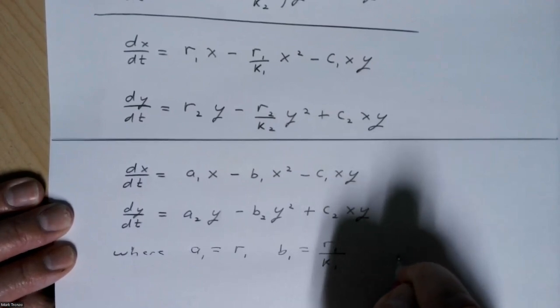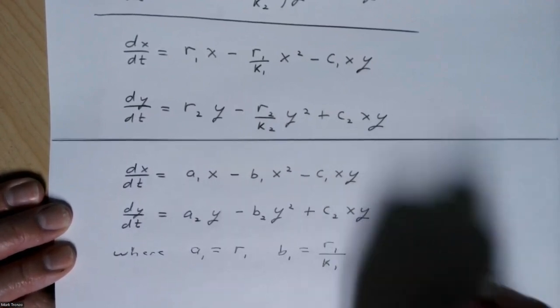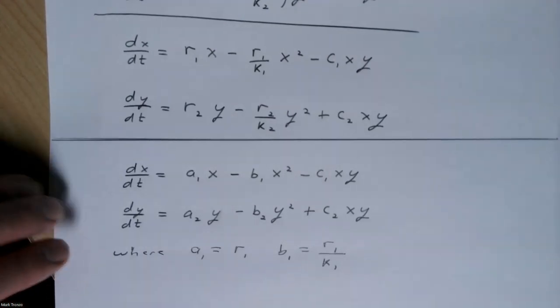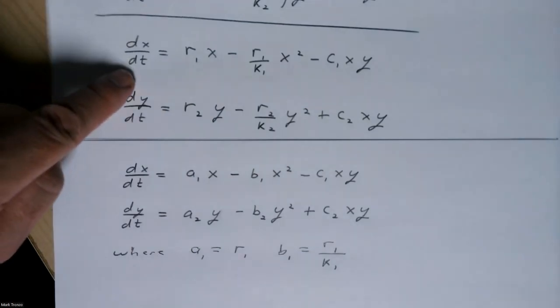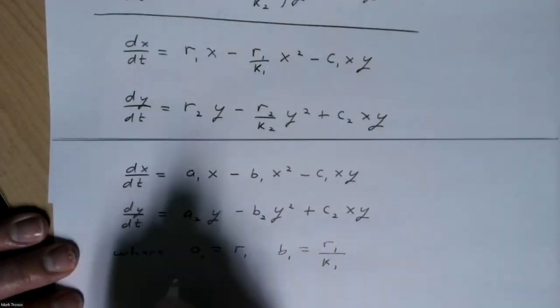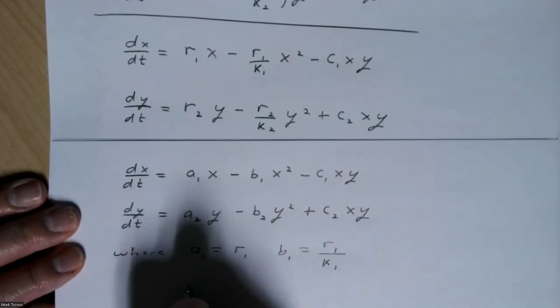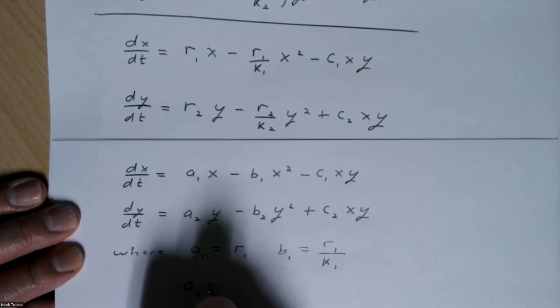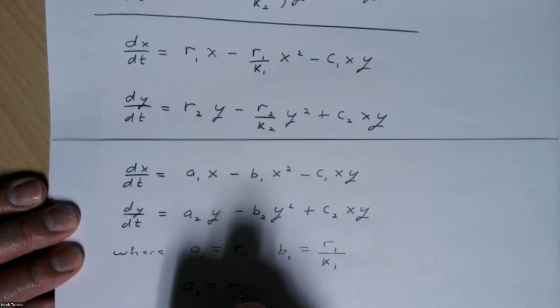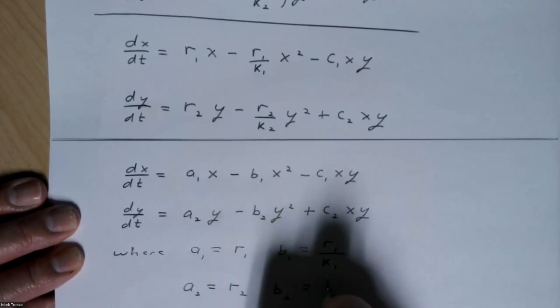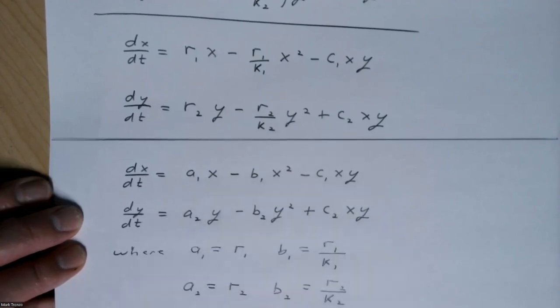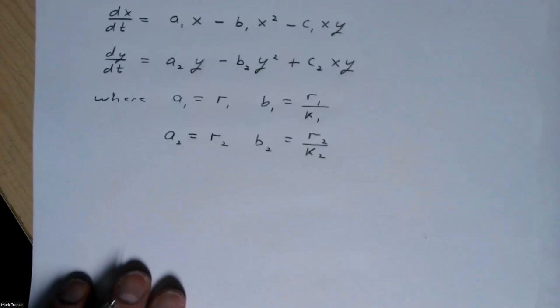And then C1 is just C1. That's going to be the rate of decrease of the gazelles due to interactions. Then over here, A2 is R2, and B2 is R2 over K2, like that. And so there's our system.